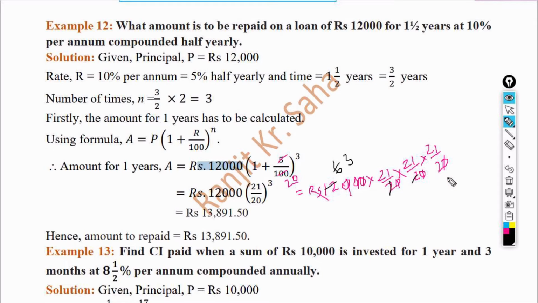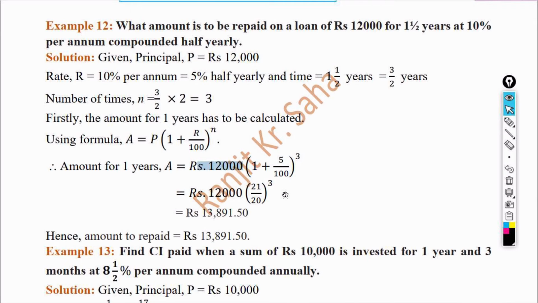After calculation you will get rupees 13,891.50. The amount is equal to 13,891.50 paise.